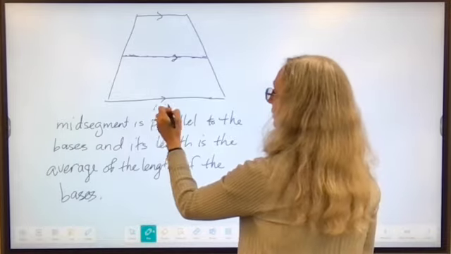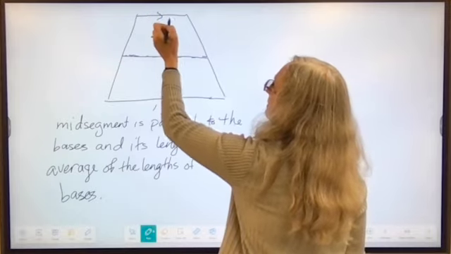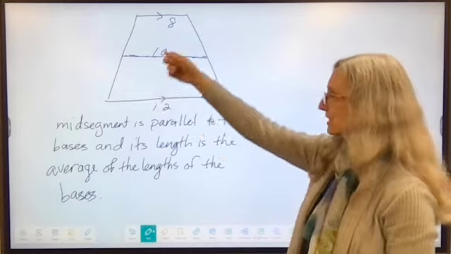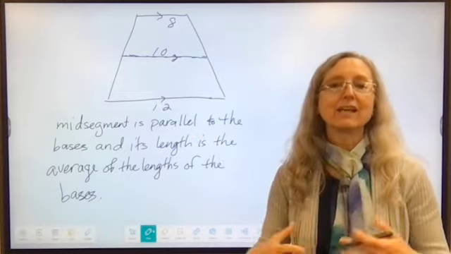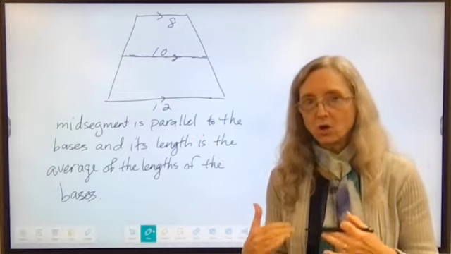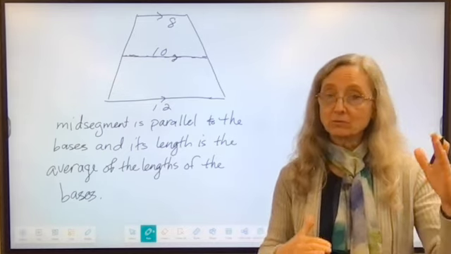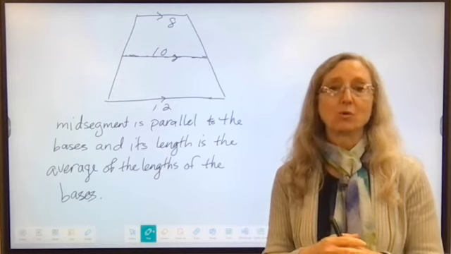If this is 12 and this is 8, then this would be 10. 12 plus 8 is 20, half of 20 is 10. That relationship will always be true with a trapezoid, no matter if it's isosceles or not.